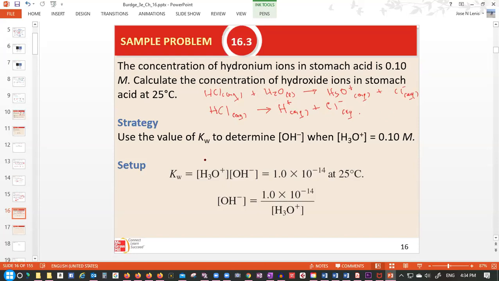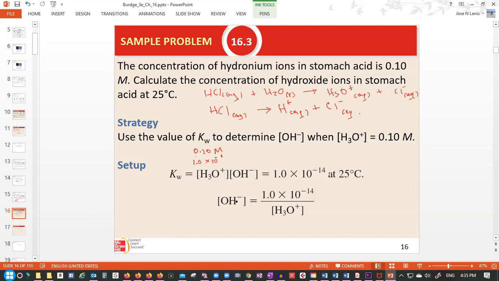So we know this concentration happens to be 0.10 molar, which is 1.0 times 10 to the negative 1. We just need to solve for OH minus here.